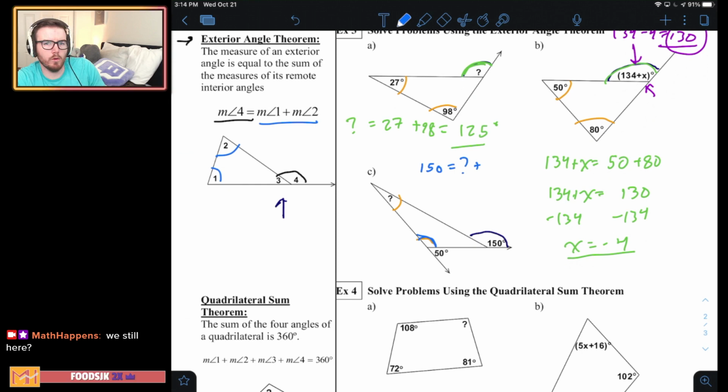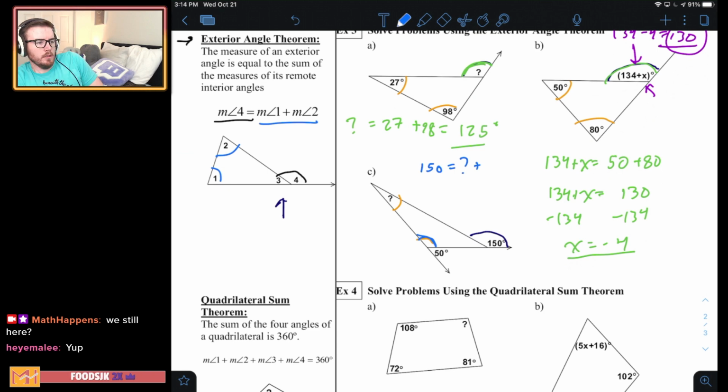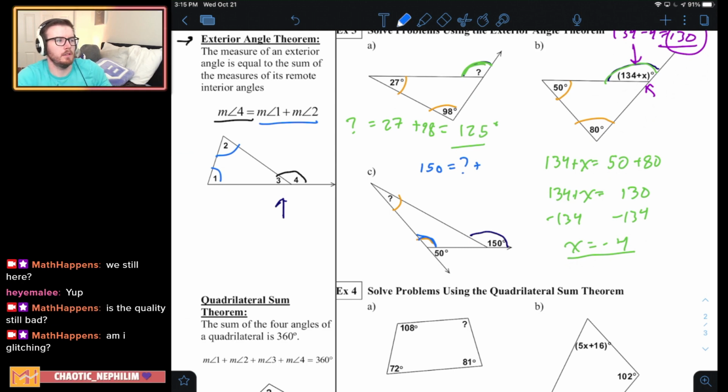Quality's still really bad. Look, on my end, I feel like it's still glitching.